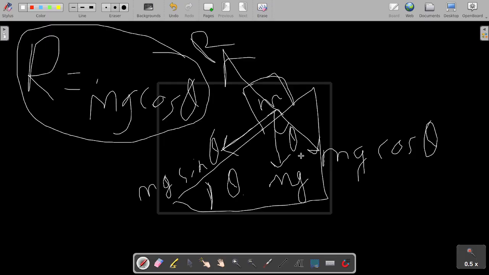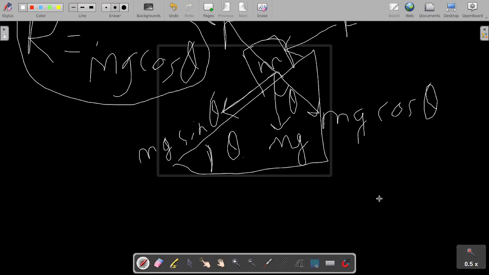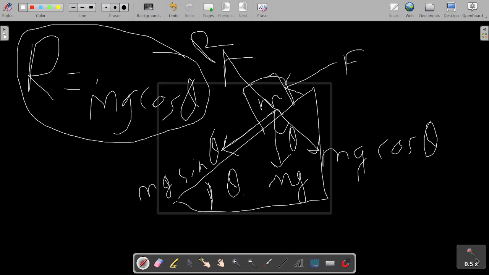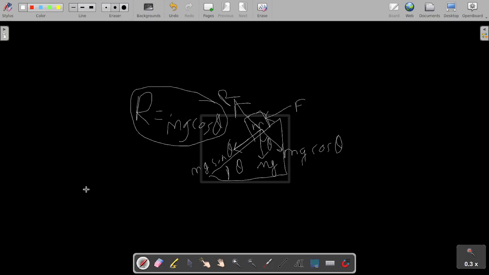And mg sin theta, right now we are not applying any force. Okay, so if I'm going to apply a force in this direction, suppose this force is F, then I can say that F plus mg sin theta causes the motion, right?